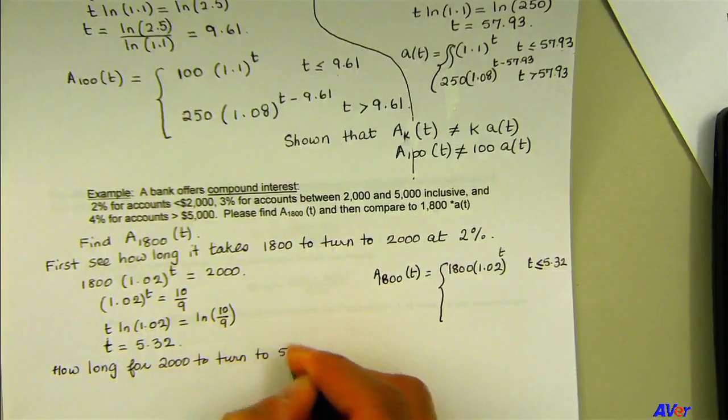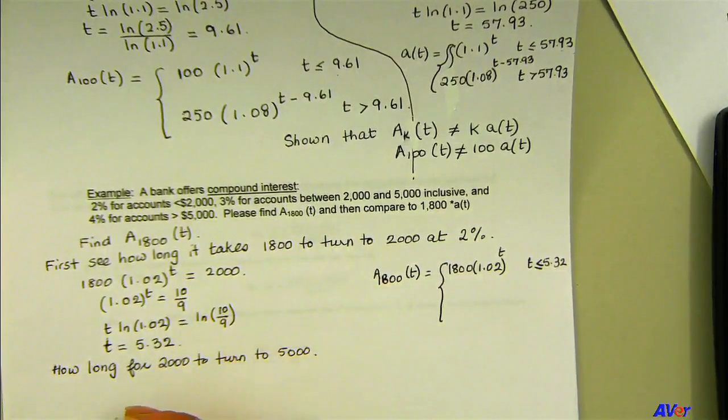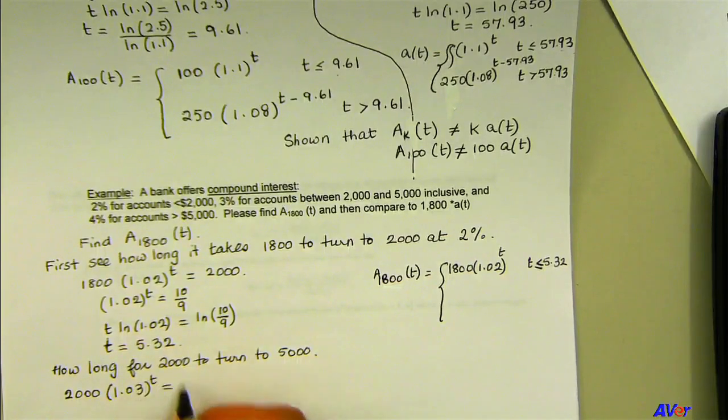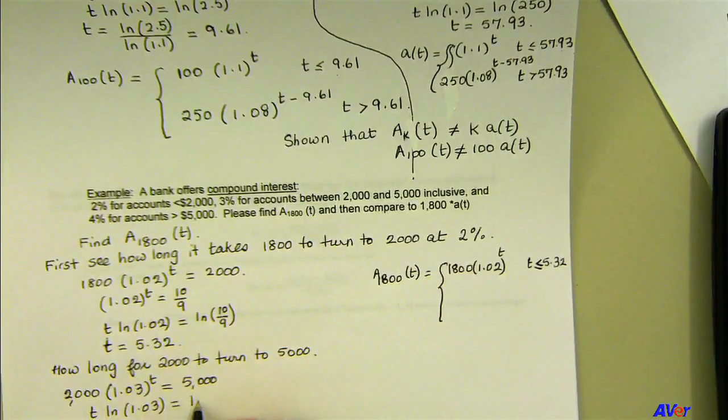At what percent? Okay, so 2,000 times 1.03 to the t equals 5,000. Solve. So t ln of 1.03 equals ln of 5 over 2.